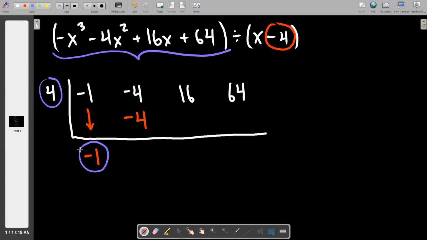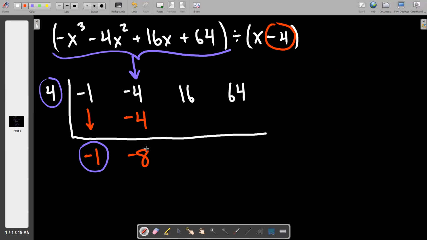Don't worry, once you get this, you won't even think about it anymore. So you multiply those together. 4 times -1 is -4. Does anyone want to guess what we now do with those 2 numbers? We add them, actually. So we're going to add them together. What's -4 plus -4? So I'm going to place a -8 down here, and I'm going to reset the algorithm.